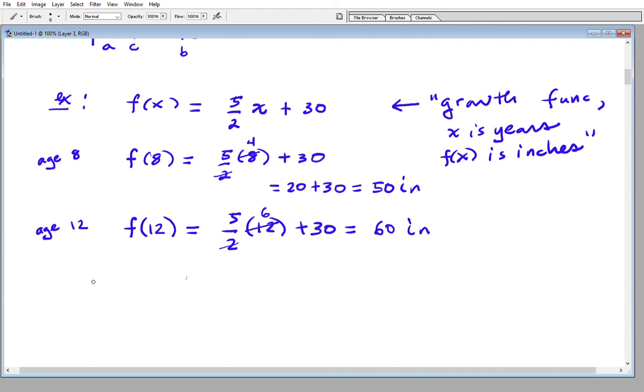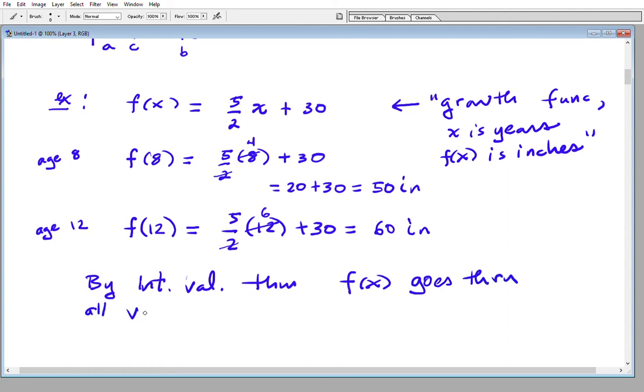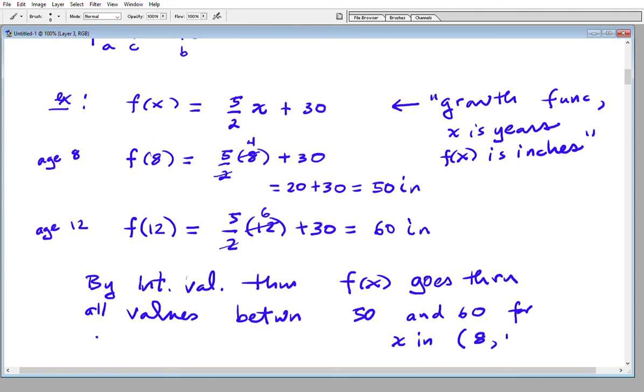Okay, so by the intermediate value theorem, f of x goes through all in-between heights, all values between 50 and 60, for x going from age 8 to age 12.